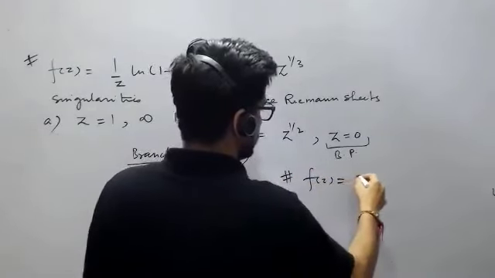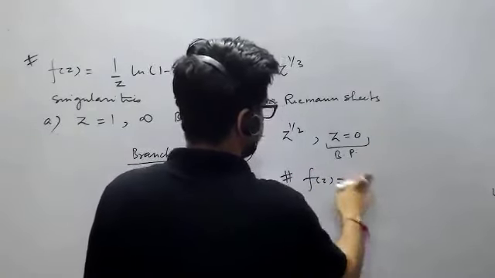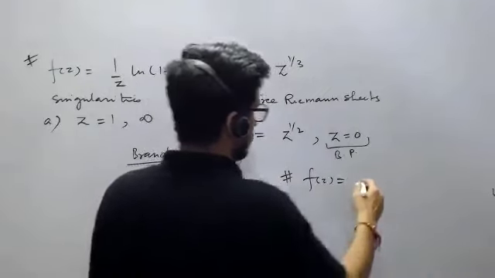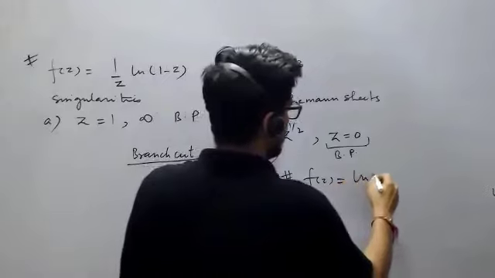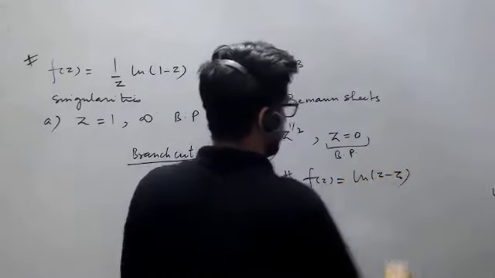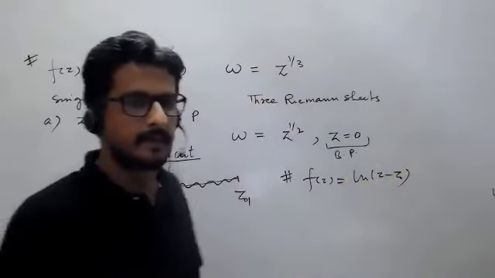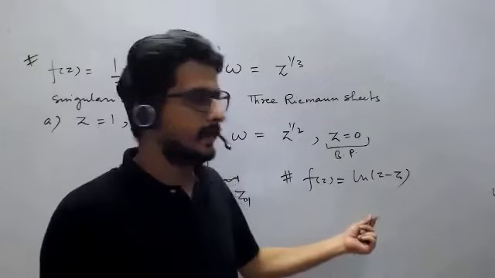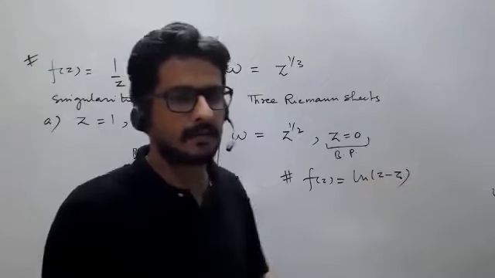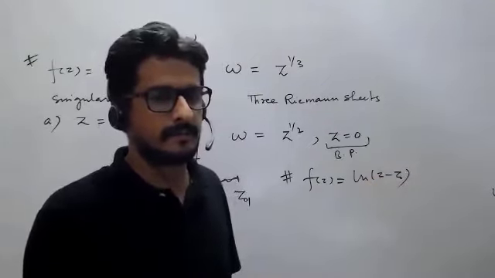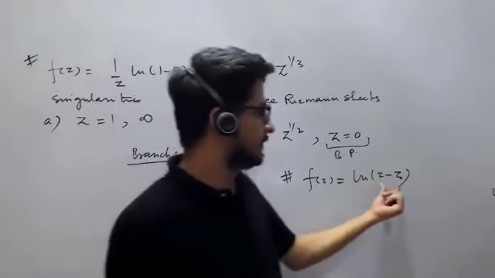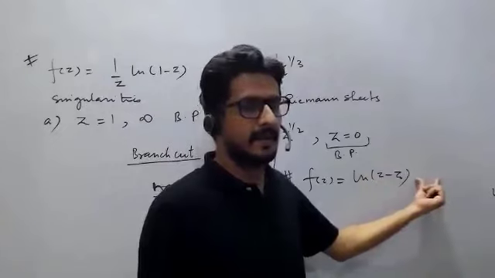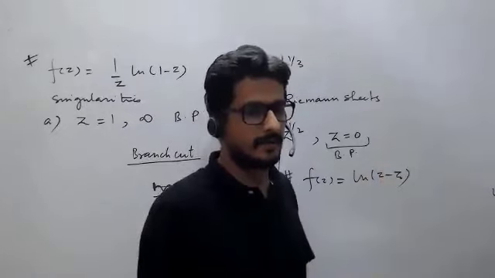It was like this: if it is here, it is only log of (z minus z0). The question of integer will come when there is another one also. See your notes. If you have z minus a, z minus b, then there will be a question of integer.